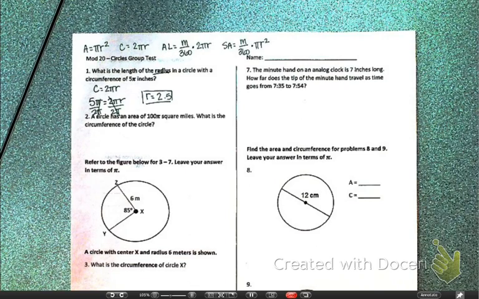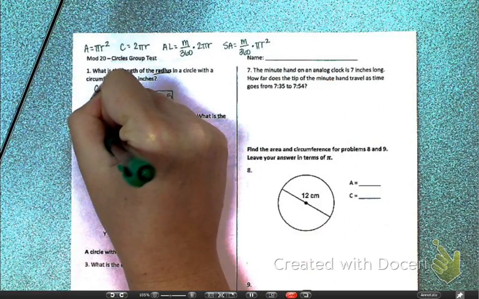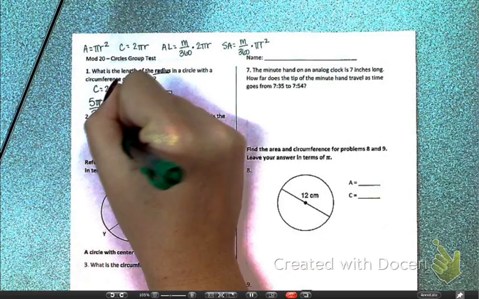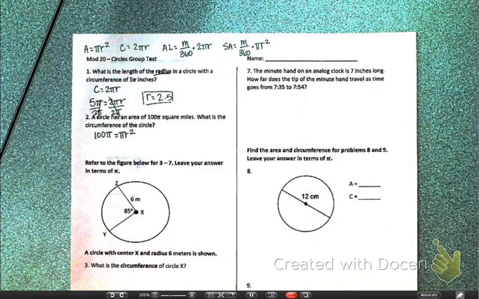Number 2, a circle has an area of 100 pi square miles. What is the circumference of the circle? So I know the area is 100 pi, and my formula is pi r squared. I need to know what r is in order to find the circumference.